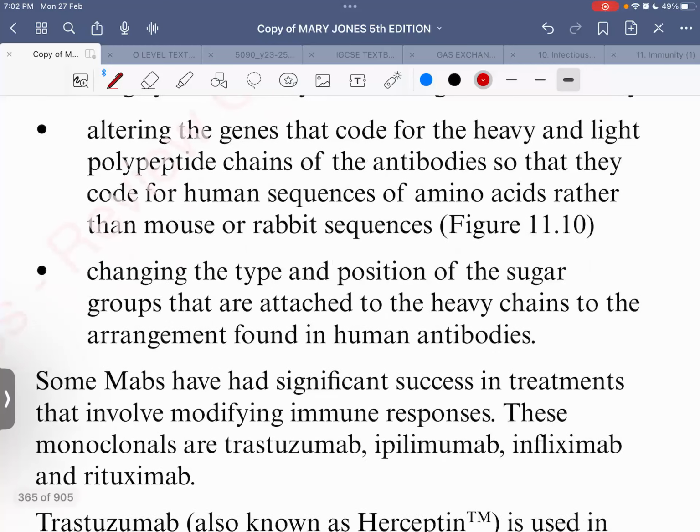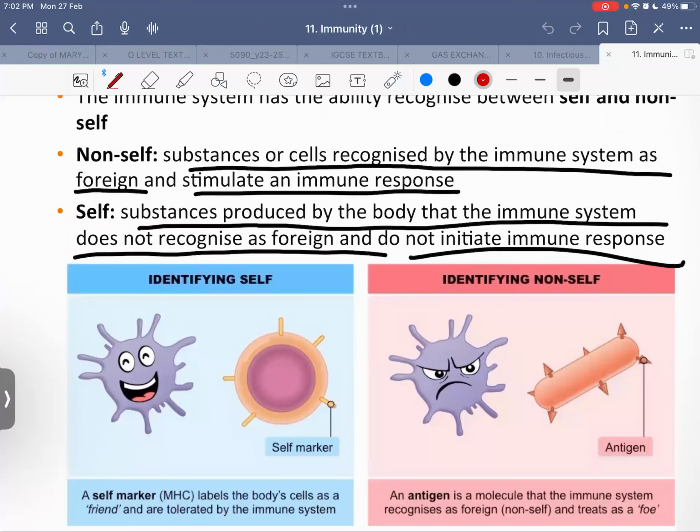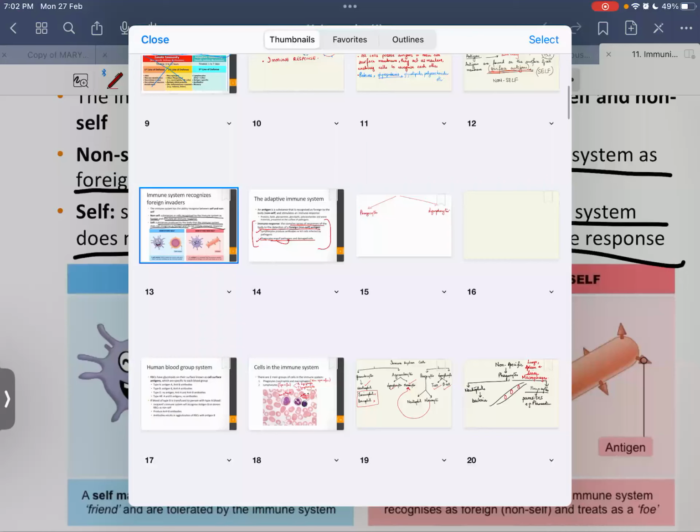Another way by means of which we can humanize antibodies, we can change the type and the position of sugar groups that are attached to the heavy chains to the arrangement found in human bodies. When we were doing the structure of antibody, हमने यहाँ किया था antibody का structure. Let me go back and show you that slide.